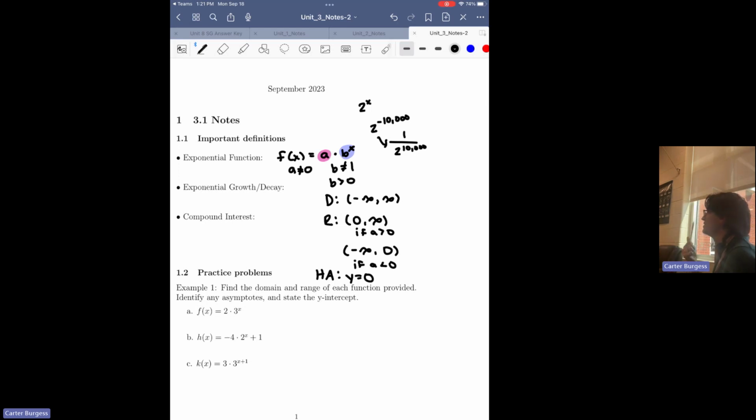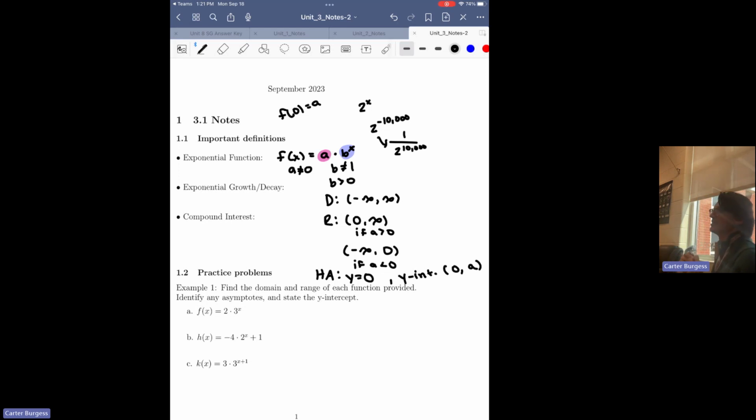What happens to b to the power of 0? It becomes 1. And so what's the only thing that I'm left with when I look at f of 0? I'm only looking at a. And so we might say that the y-intercept is the point (0, a), again, barring any kind of transformations.